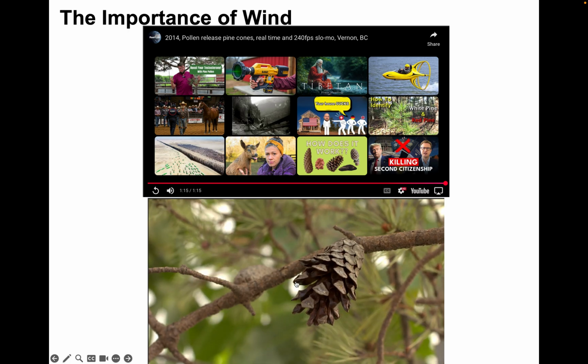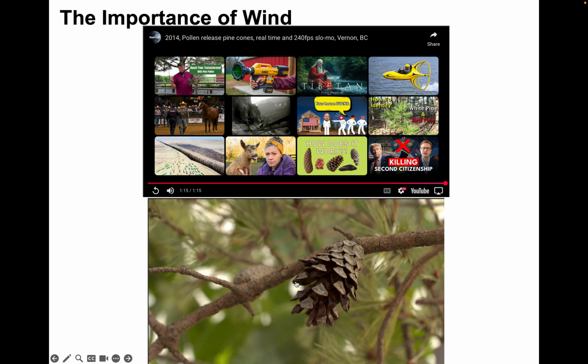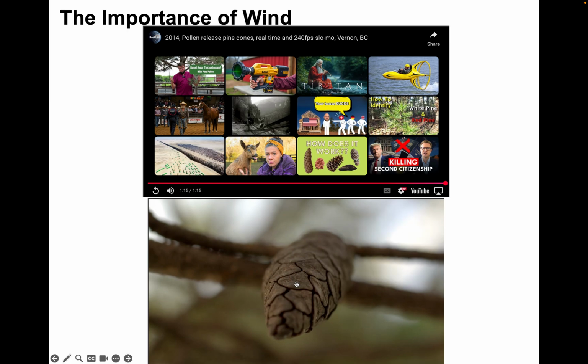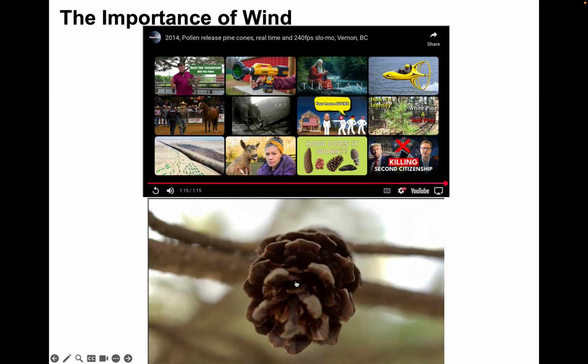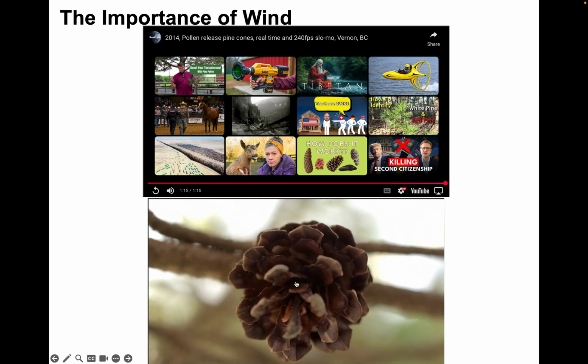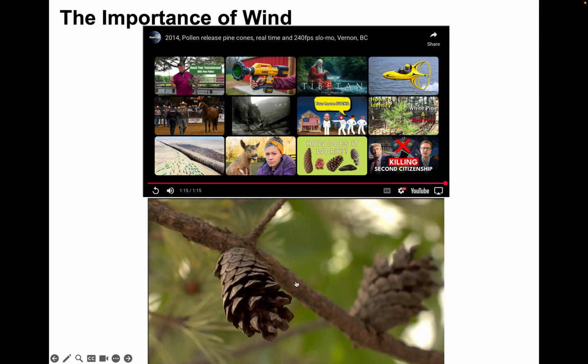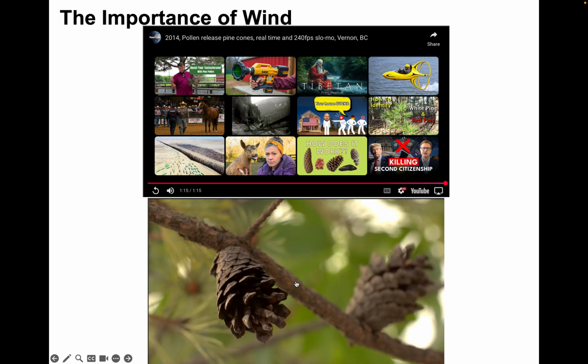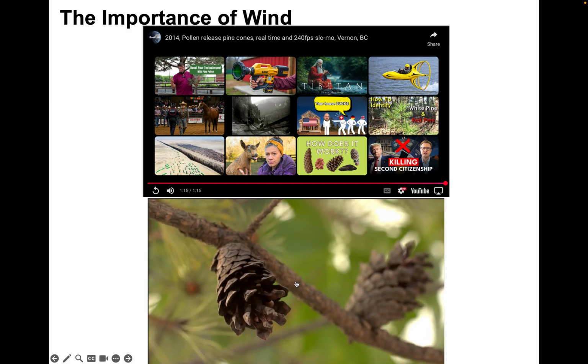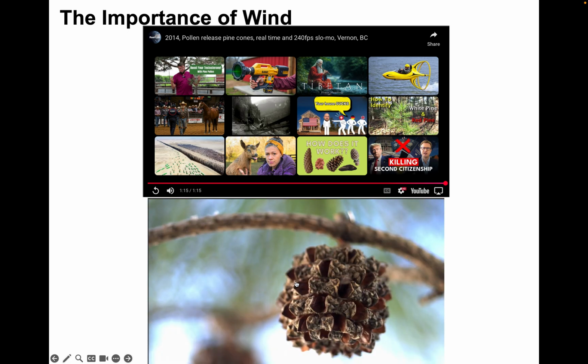And this is time-lapsed, so the seeds look like they're zooming away, but if you look closely, you will see the little seeds with their wings start to fly off. Unlike the last video where they slowed it down, this one is sped up, so you can see the cones opening.